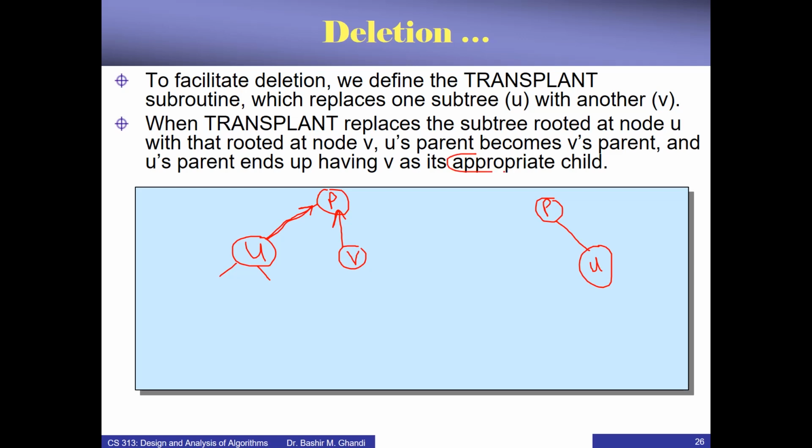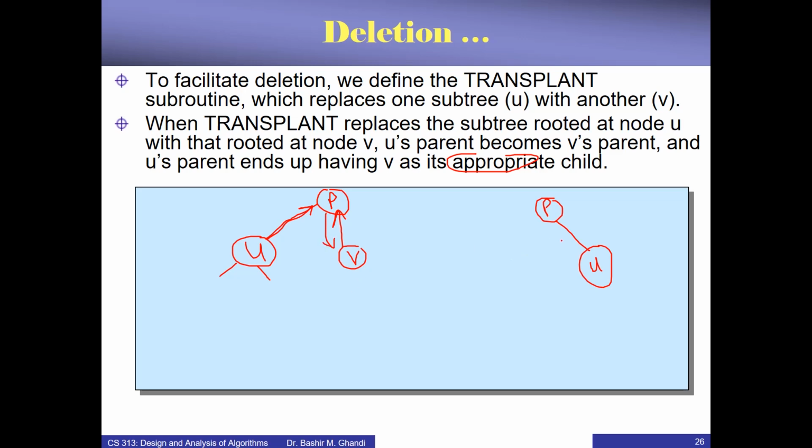Appropriate child depends on whether U was a left child or a right child. If U was a left child, the parent of U will have V as the left child.